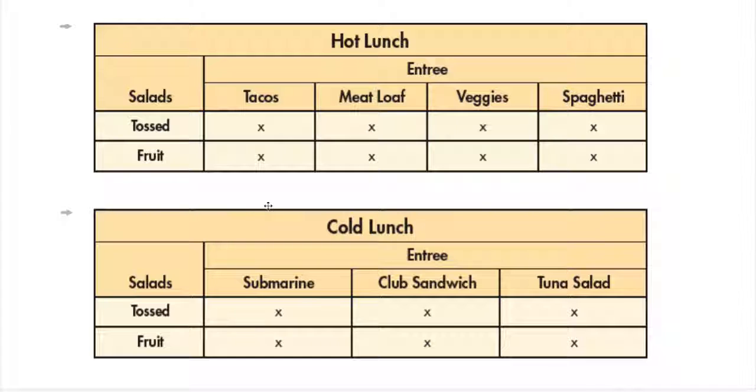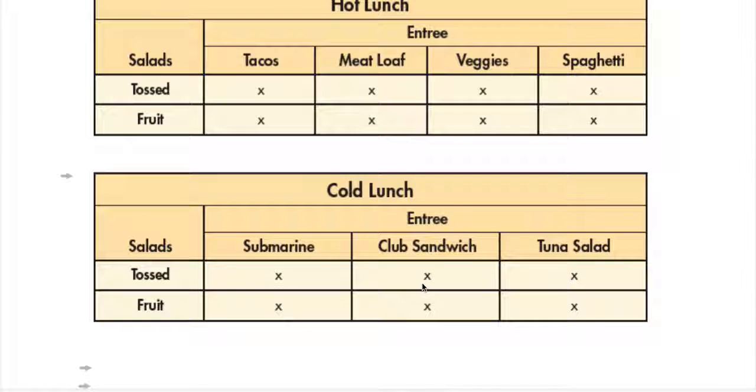Hot lunch, you can do taco and tossed salad, meatloaf and tossed salad, tacos and fruit, meatloaf and fruit, veggies and tossed, and so on and so forth. Same thing with the cold lunch: submarine and tossed salad, club sandwich with tossed salad, tuna salad with tossed salad, submarine with fruit, club sandwich with fruit, and tuna salad with fruit.